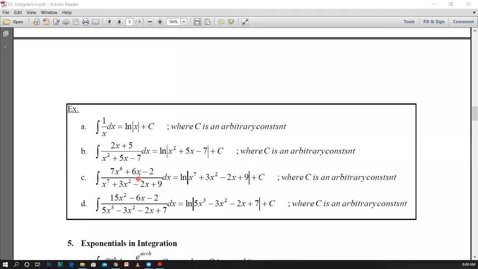If you see the relationship between these two functions, the function in the numerator is actually the derivative of the function in the denominator.